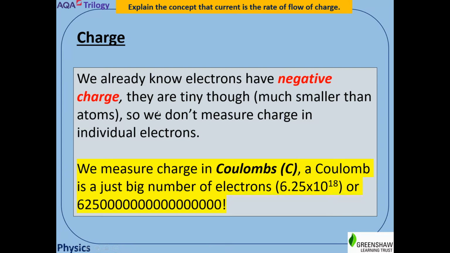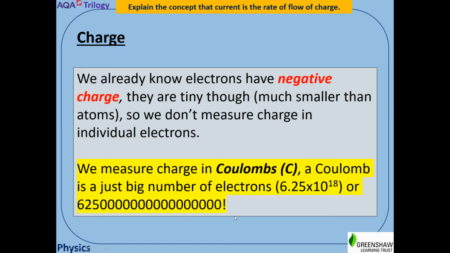Remember that you get approximately 2,000 electrons in the mass of a single proton. We cannot measure their charge in individual electrons. So what we talk about is we talk about charge in terms of coulombs. Now, a coulomb is simply a big number of electrons.